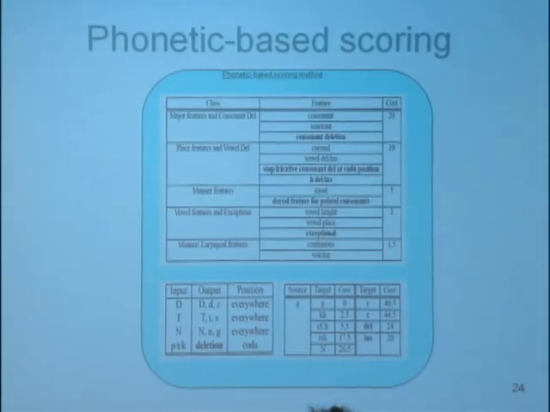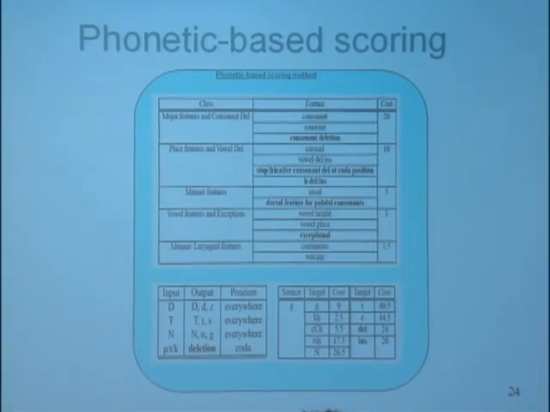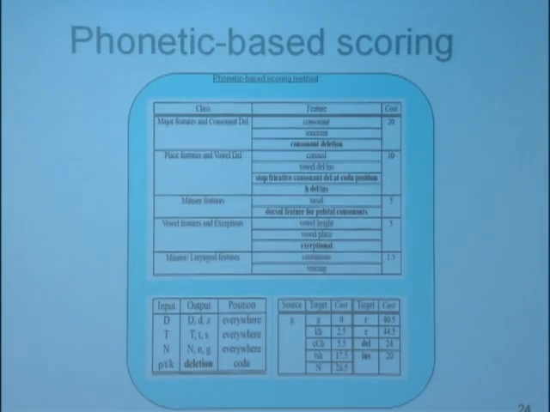So one of the measures that's clearly relevant is phonetics. It turns out that you can do very well even with a purely knowledge-engineered, linguistically oriented set of phonetic scores. So the basic idea is that you compare two phonetic strings, and you want to say that certain kinds of mismatches are worse than others.